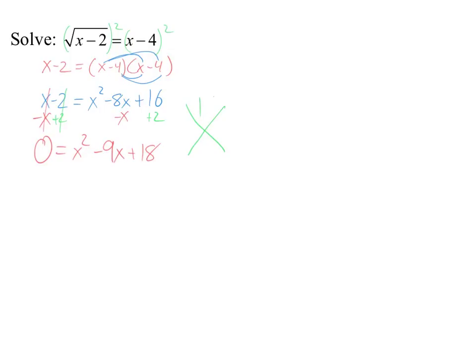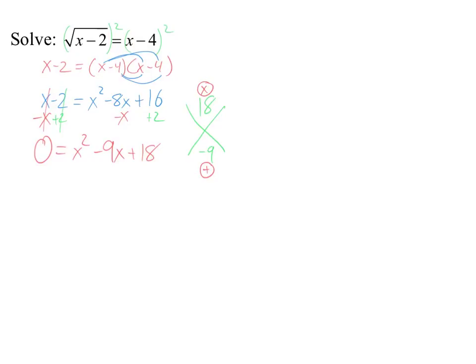Many of you have seen this before. What this big X is about is I'm trying to find the factors that multiply to get 18 and add to get negative 9. Those will be the factors that created this.